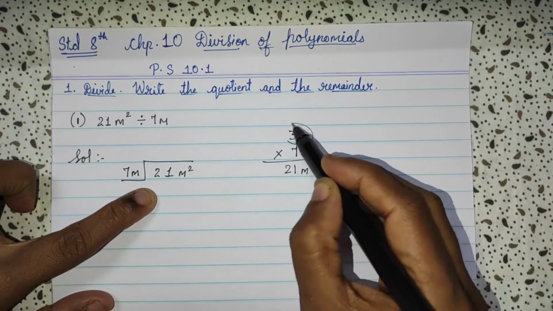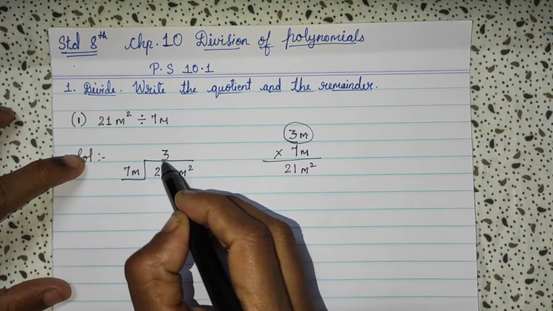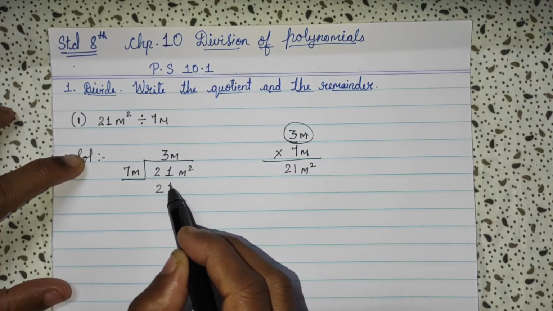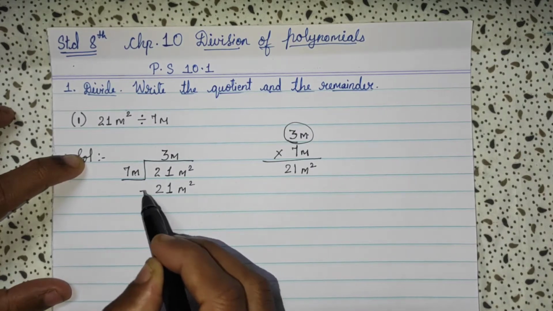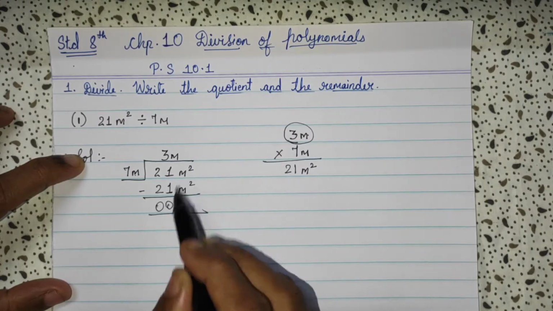So this is your answer, that 7 into 3, 7 3s are 21, m into m square. So this is your answer.